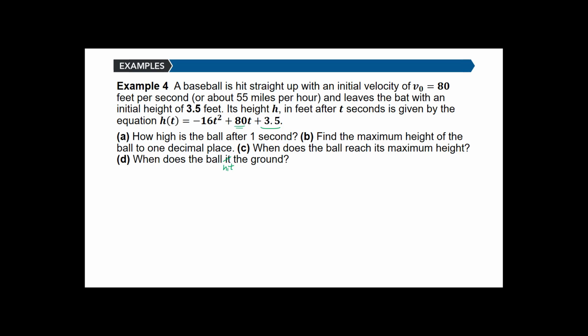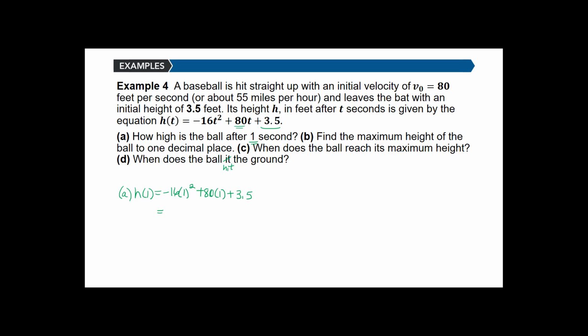To find the height of the ball after 1 second, we know the time, we know t, we don't know the height h. This is equivalent to just finding h of 1, which is equal to negative 16 times 1 squared plus 80 times 1 plus 3.5.